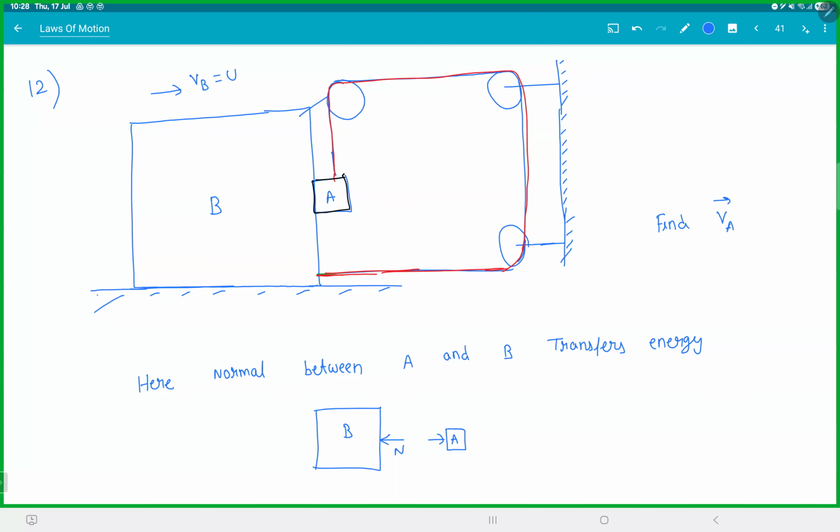So the energy transfer is not only happening due to string, but it is also happening due to the normal reaction. So if you use method 2, you get an incomplete answer. You get only velocities in the direction of string.